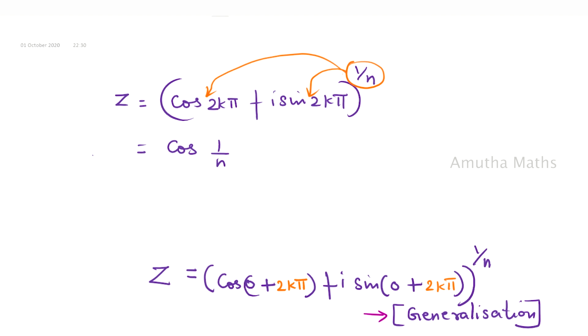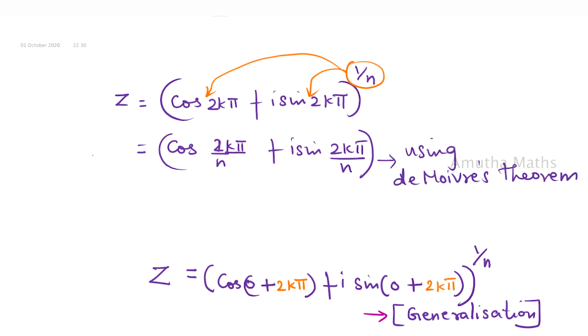So this is equal to cos (1 by n into 2k pi), that is cos 2k pi by n, plus i sin 2k pi by n. Right? So this is using De Moivre's theorem.